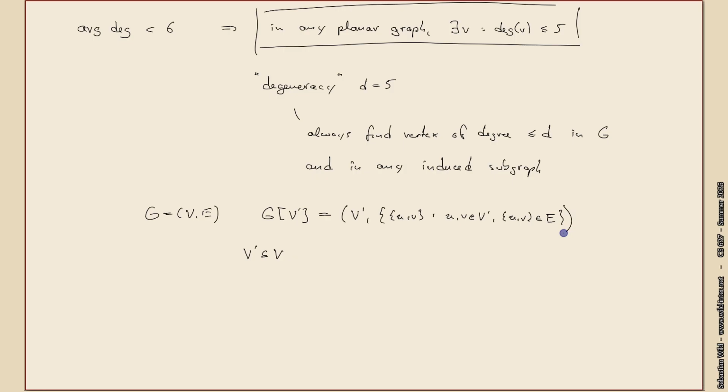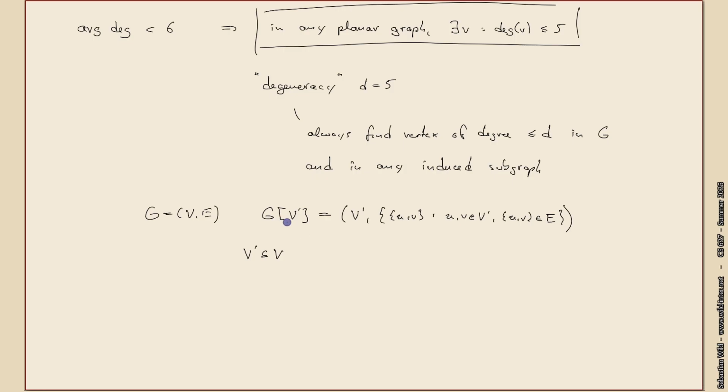That's an induced subgraph. You only focus on a subset of vertices, and you forget all the edges that would have a dangling end. That's all. But this notation is useful because I think I used it in some pseudocode. So keep that in mind.